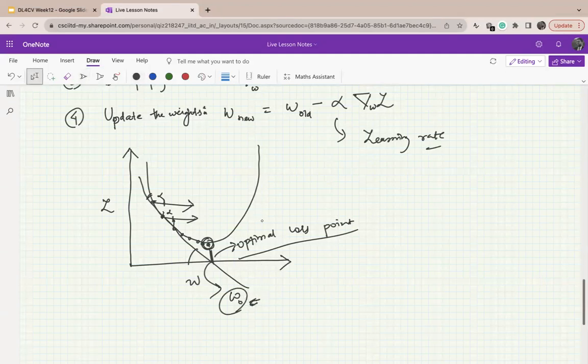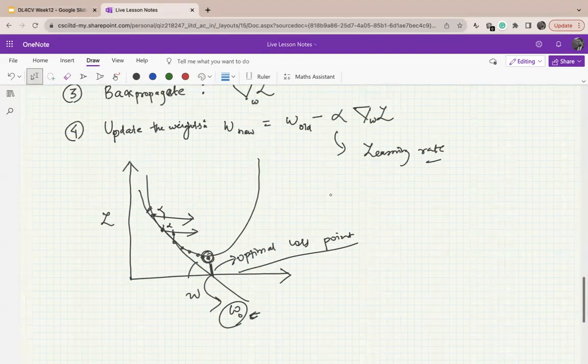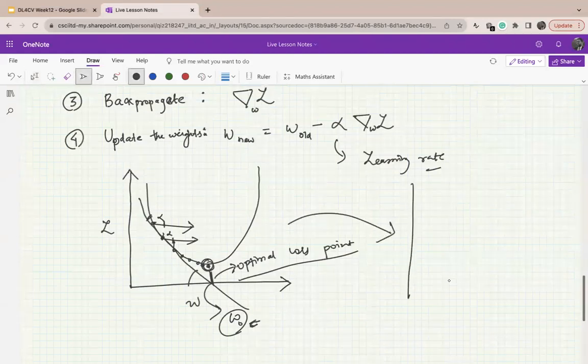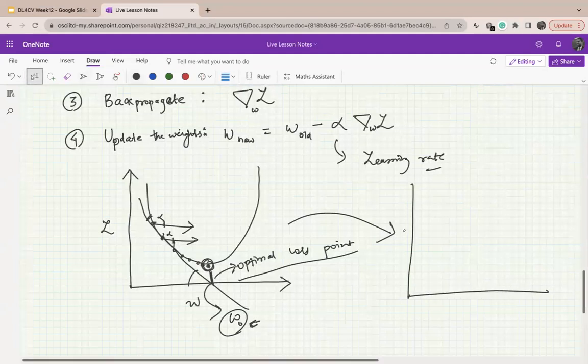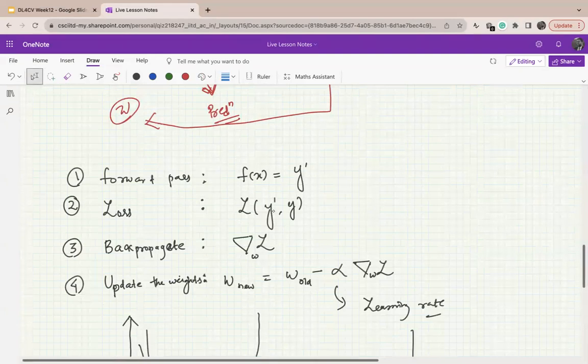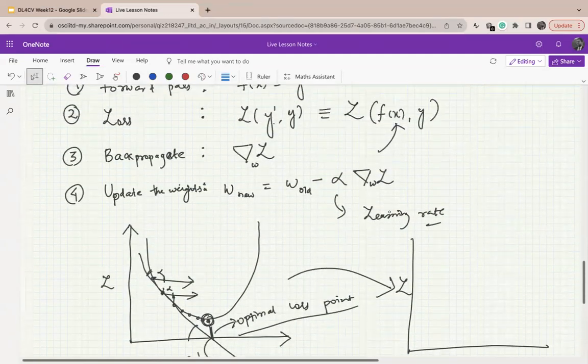Now what we will do is fix the weights, because we have access to the model but we can't change it. The loss depends on y hat and y, which is equivalent to the loss being a function of f of x and y. So the loss is dependent on x as well.